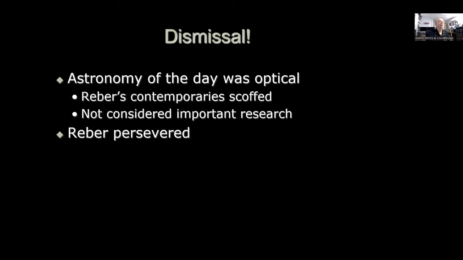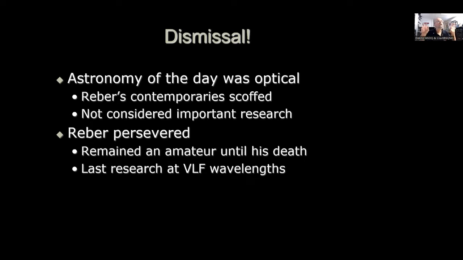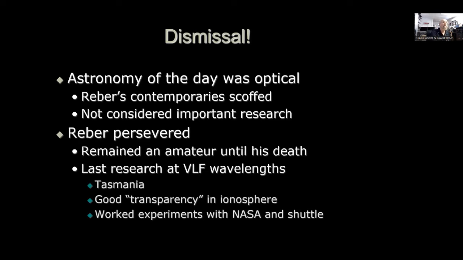He worked with NASA, doing certain types of research at VLF and medium frequencies. He relocated to Tasmania, and he liked Tasmania because it had good transparency in the ionosphere, as he put it. And they worked experiments with NASA and the space shuttle at medium frequencies and low frequencies, VLF.